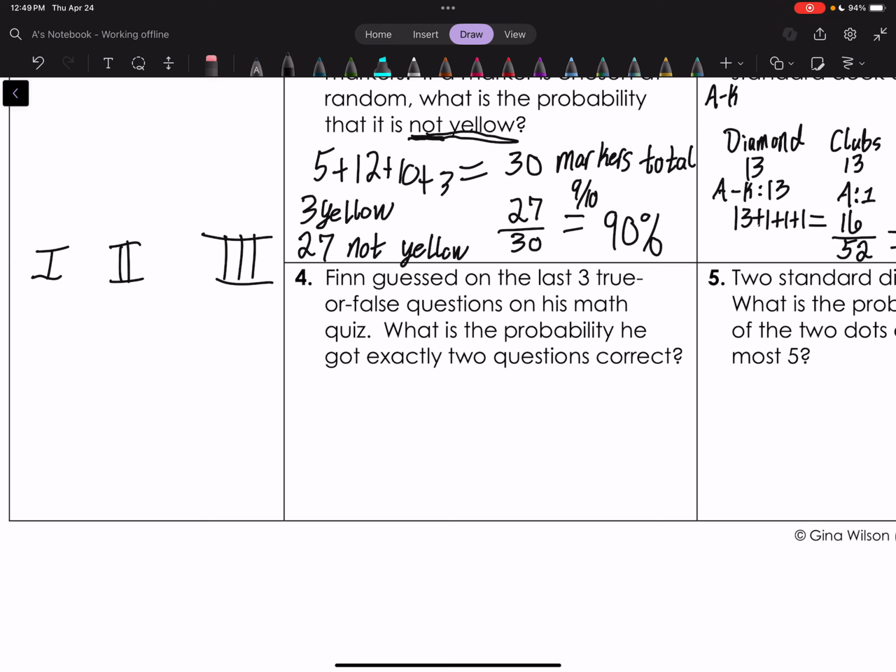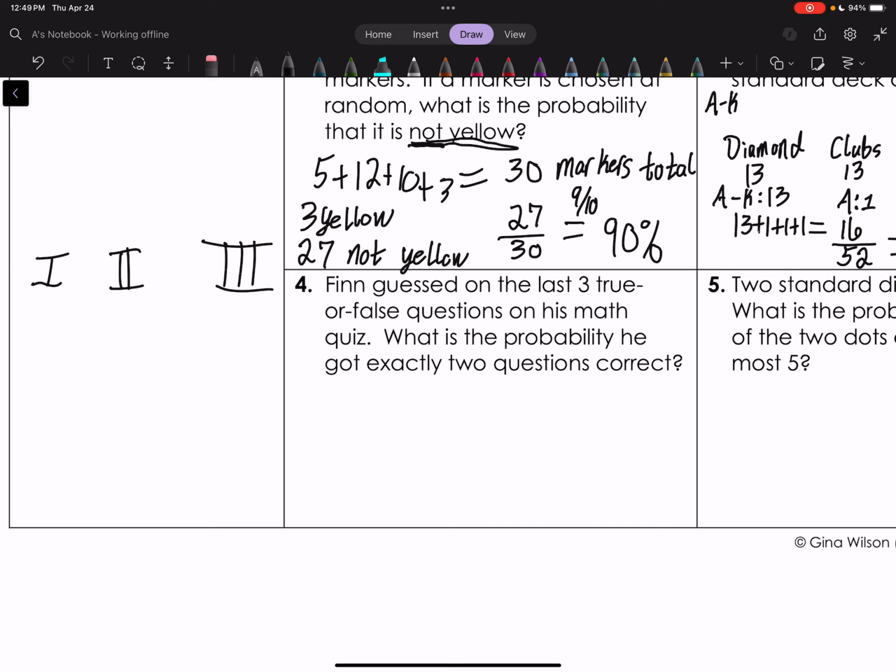So, for the first choice, he could get it correct, he could get it incorrect. Now, off of this, he has two more options. On the second one, he could get it correct or incorrect, regardless of if he got the first one correct or incorrect.